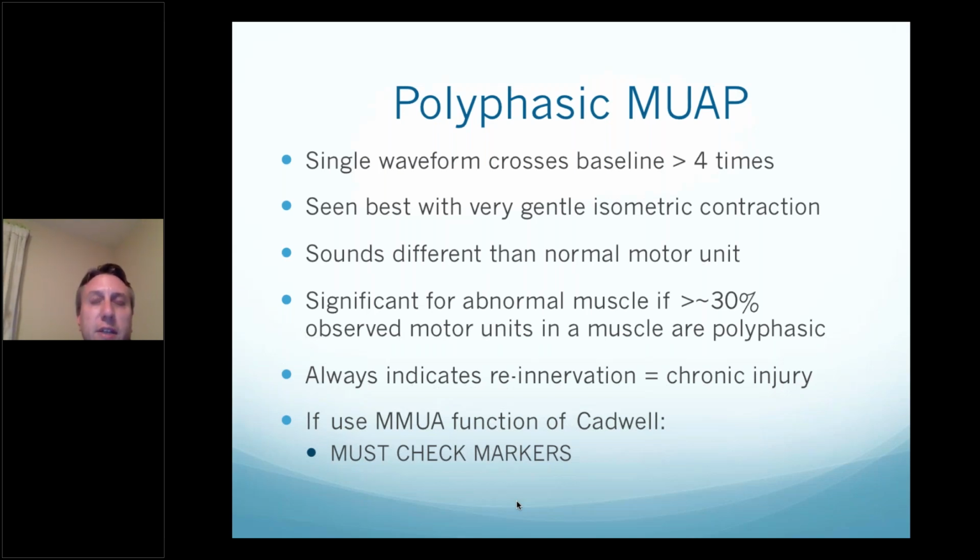It's a great feature, but you gotta double check it to make sure that it's right. Don't just go by what the machine tells you. I use a Cadwell all the time, but you got to be able to recognize if the computer makes a mistake. It doesn't make it all the time, but once in a while it does. So you just got to be aware of that.